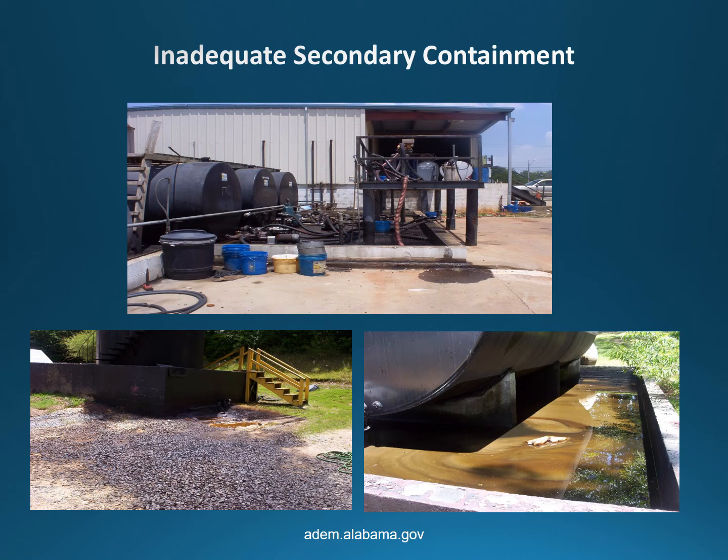Remember, when it rains or even snows, the flowing water can carry oils, metals, and other pollutants off your property. These materials can end up in streams, rivers, lakes, and bays, killing aquatic life and seriously polluting the water in your area where people may swim and fish.